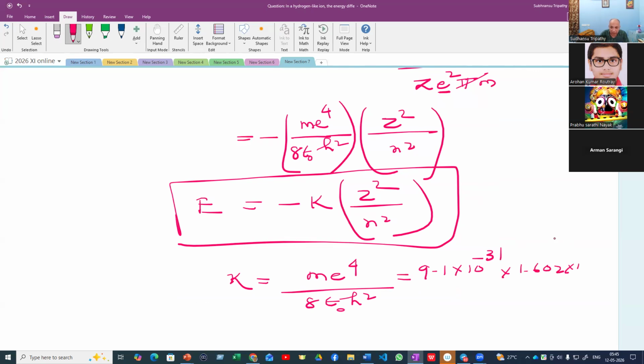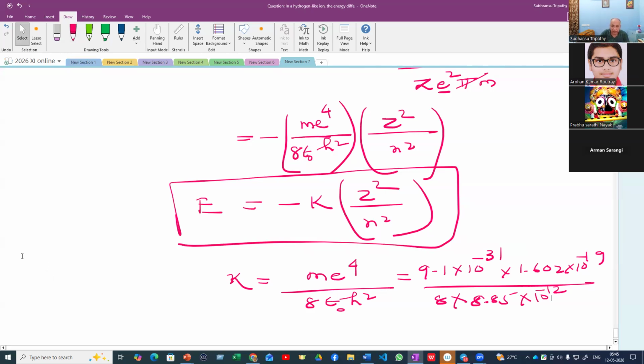e is 1.602 into 10 to the minus 19 coulomb, all in SI, divided by 8 epsilon naught. Epsilon naught is 8.85 into 10 to the minus 12 coulomb square per newton per meter square, and h square is 6.626 into 10 to the minus 34 squared.